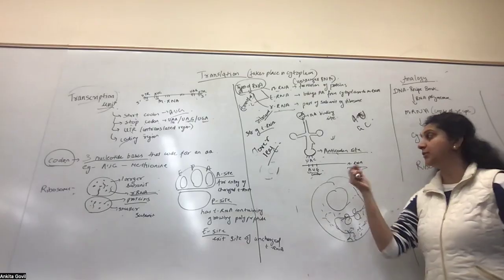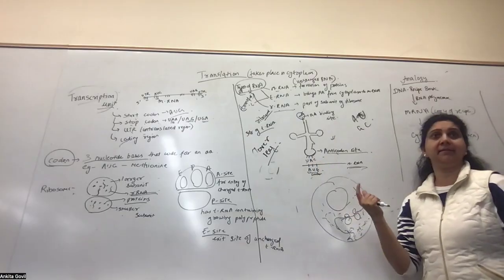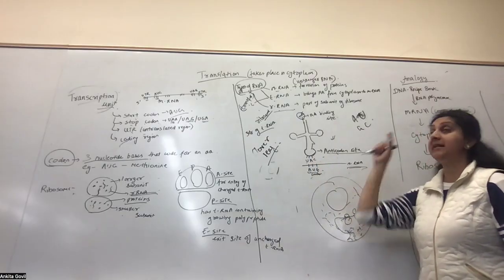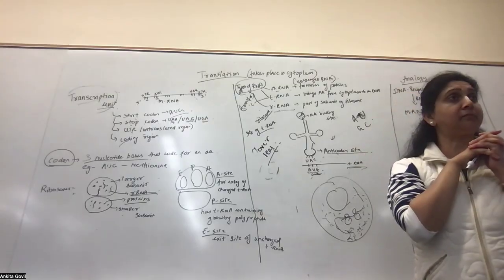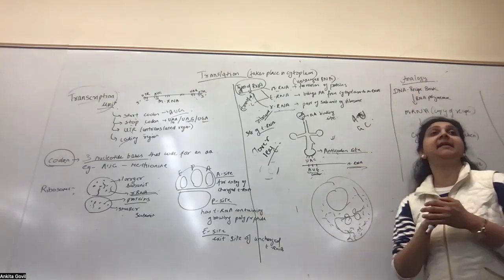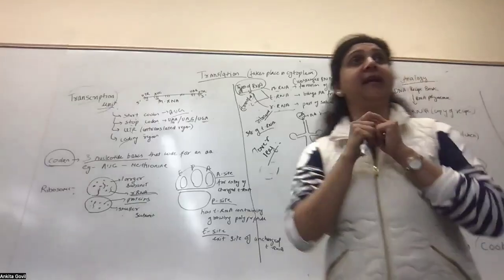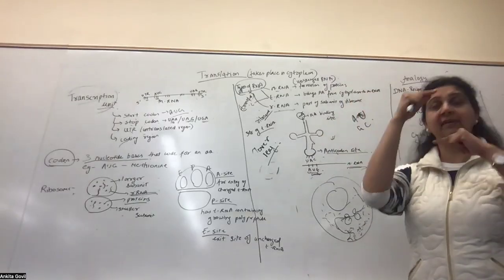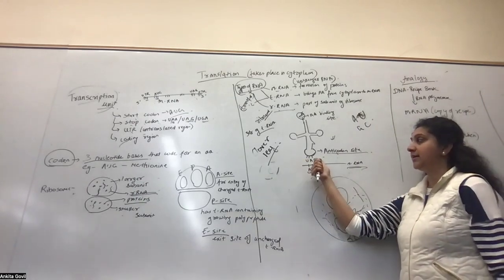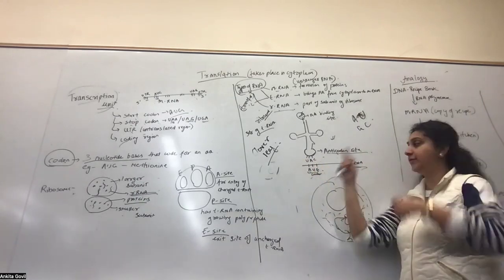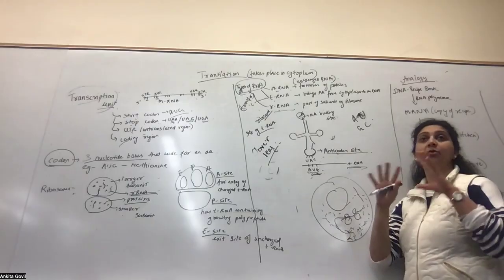Got it? So now when this tRNA comes, it says that I have your methionine amino acid with me. Then the mRNA says, come here, I have to first check it. And it checks with its anticodon. This anticodon fits in with this codon. And now it says, okay, we are fine.